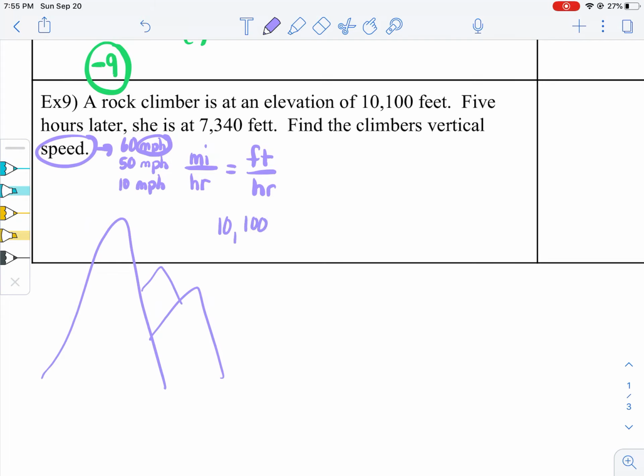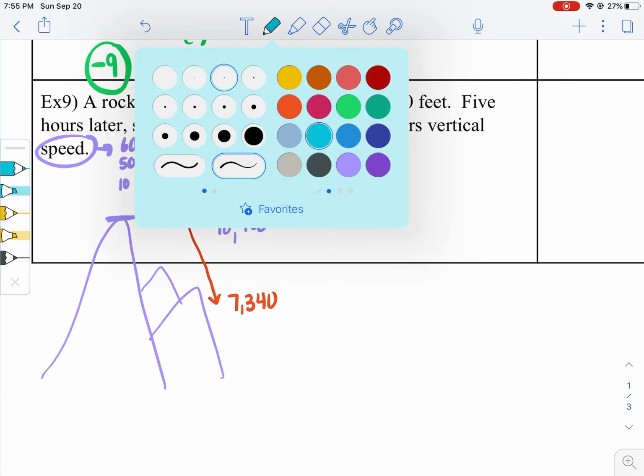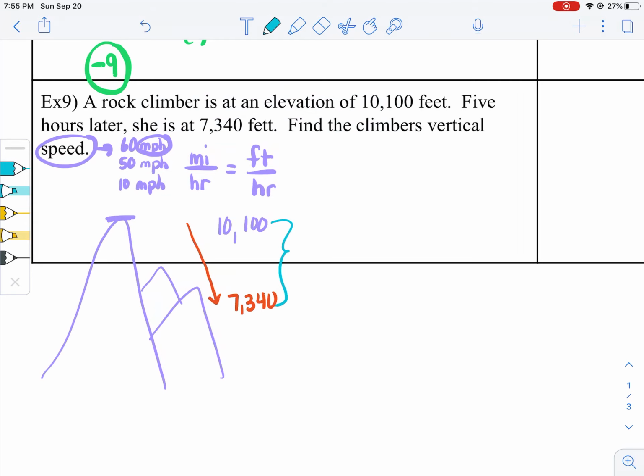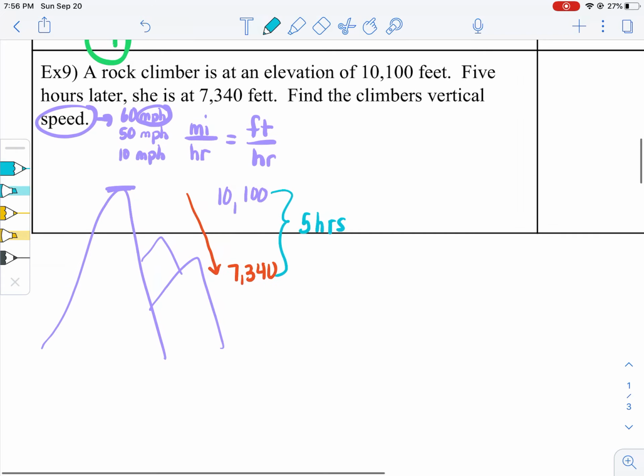And she started at 10,100. She was all the way at the top, right? And then she climbed down, and now she's at 7,340 feet. So that information, those two different heights, took 5 hours, okay? So we only care about those feet in between. So what we're going to do is find out the feet that she climbed in 5 hours.